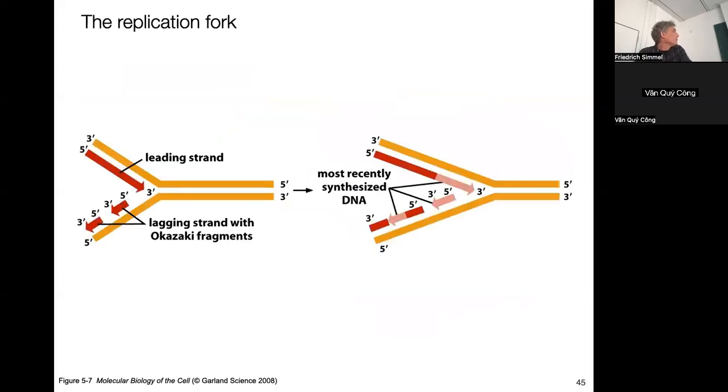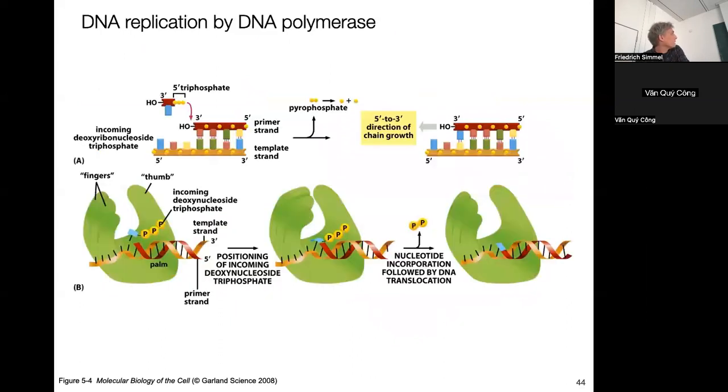Then the other thing that you need for synthesizing DNA in the first place is, and sorry, I'm jumping back and forth, the polymerase doesn't start just by itself. It always needs to have this OH group at the 3' end of a short DNA strand that is already bound to the complementary strand, and that's called a primer.